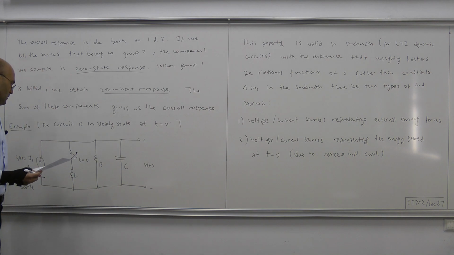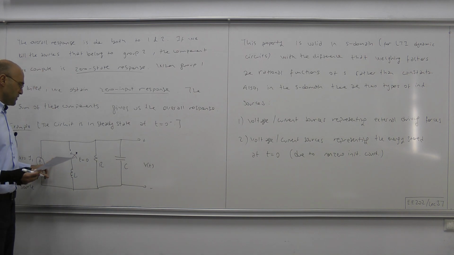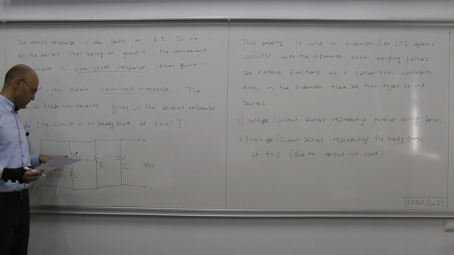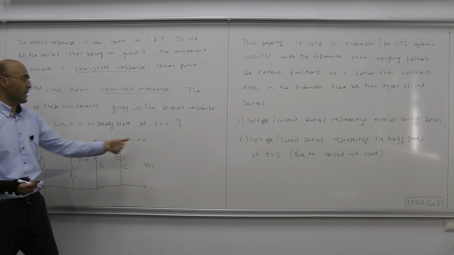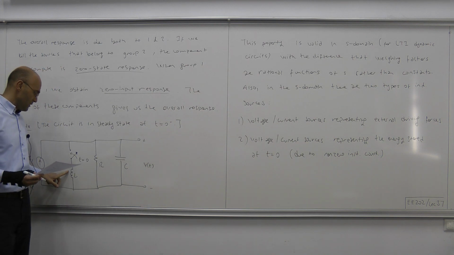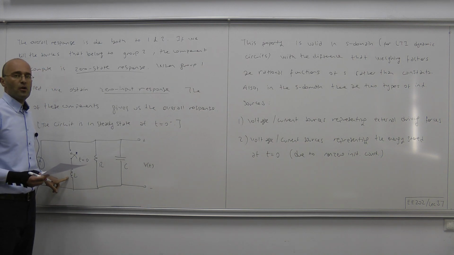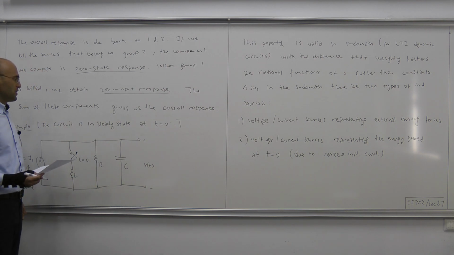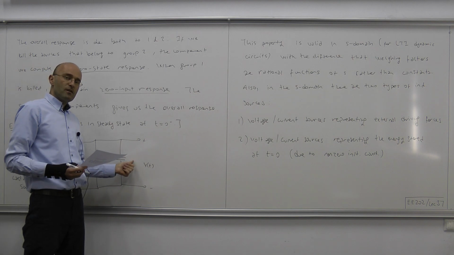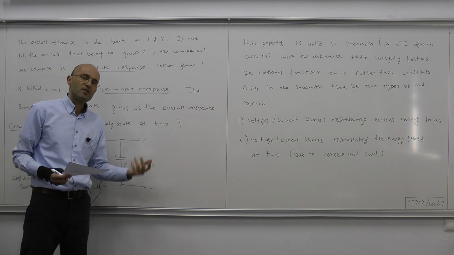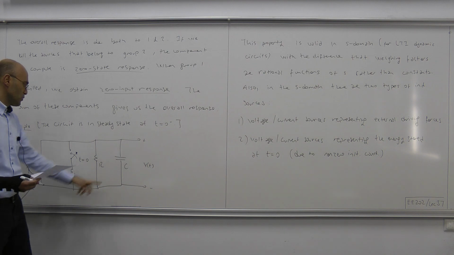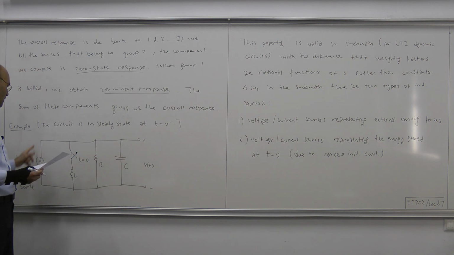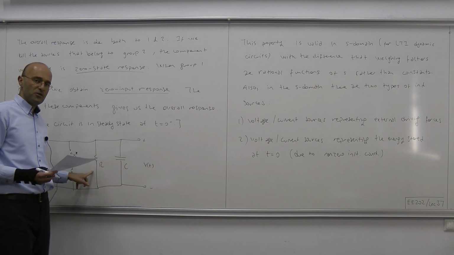So in steady state, first of all, since this switch is open for negative times, the inductor current is always 0. I told for all negative times, and then the circuit has reached DC steady state, in which the capacitor behaves like an open circuit. So this is open circuit, this also is open circuit because the switch is open. So that means all the current is flowing over the resistor.